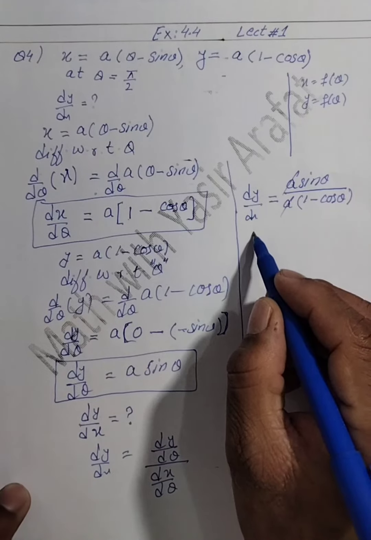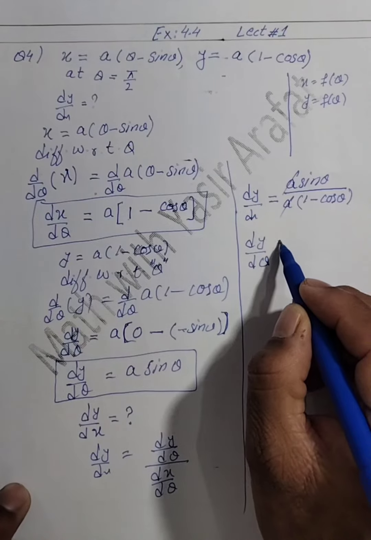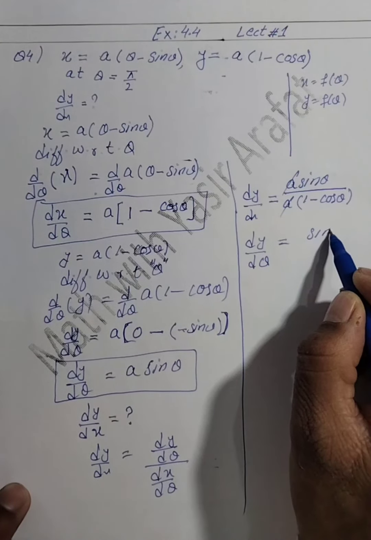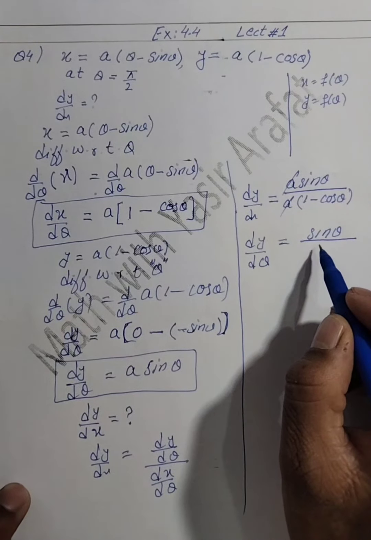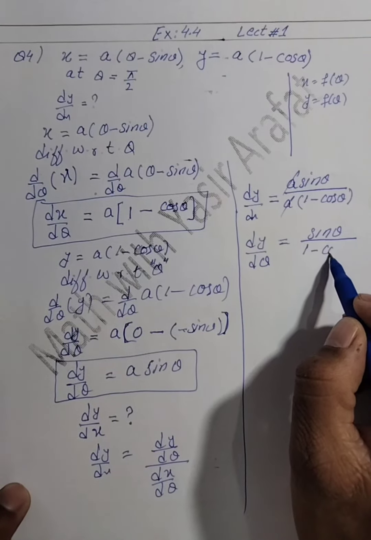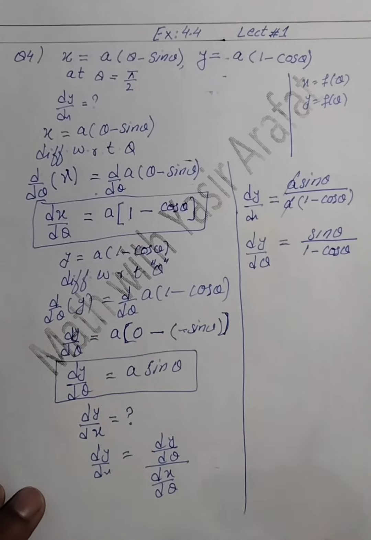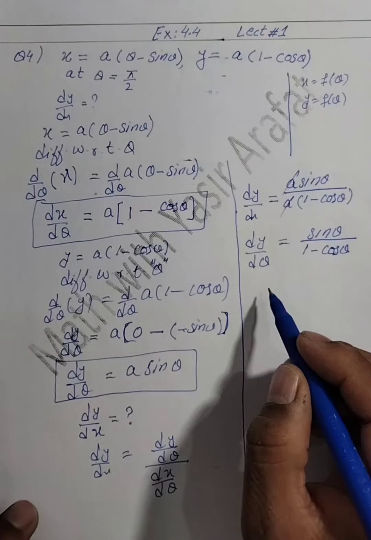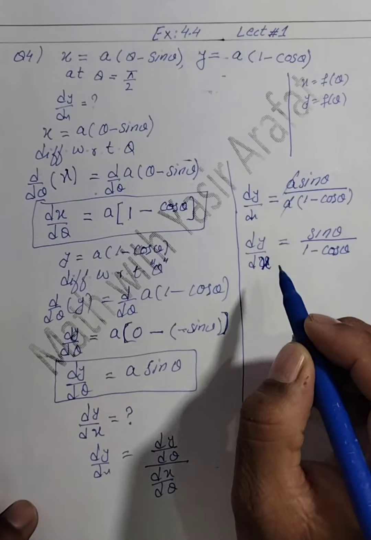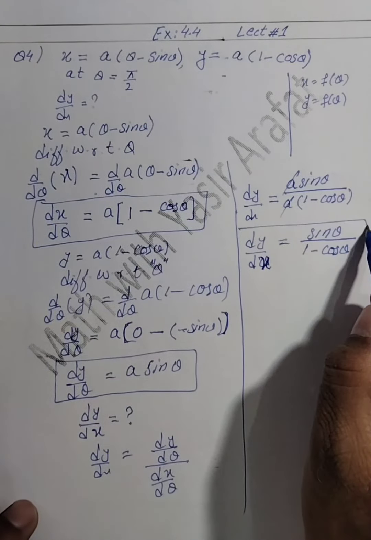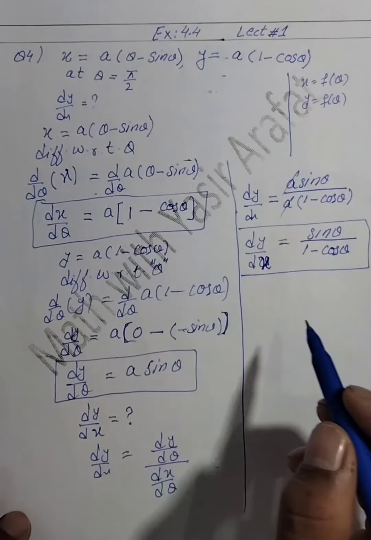So dy over dx is equal to sine theta over (1 minus cos theta). This is dy over dx, the derivative of these parametric equations.